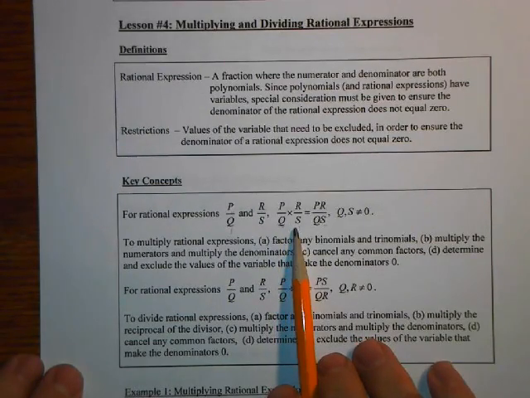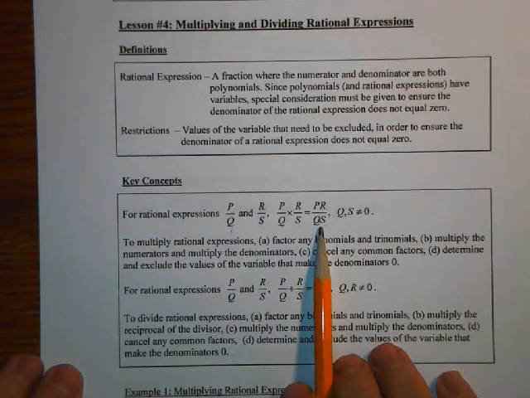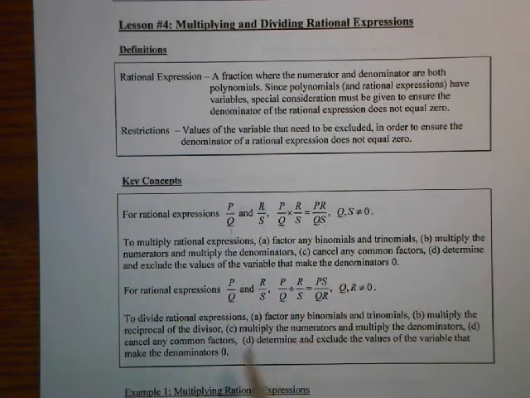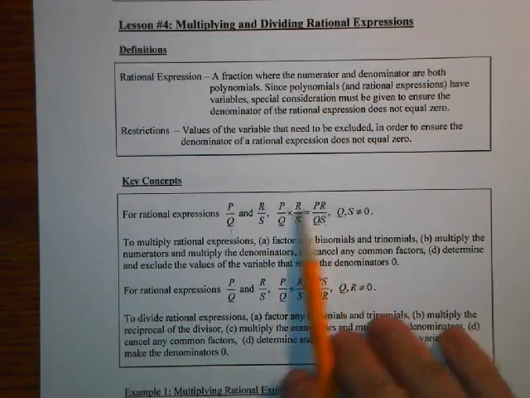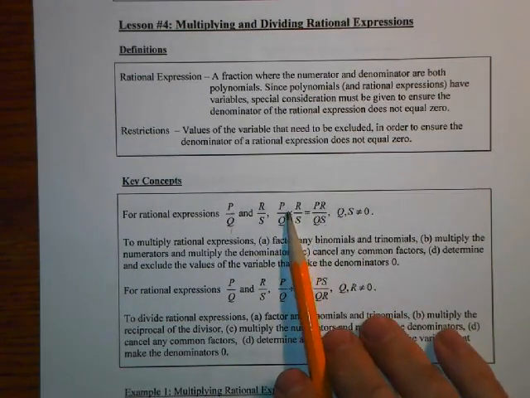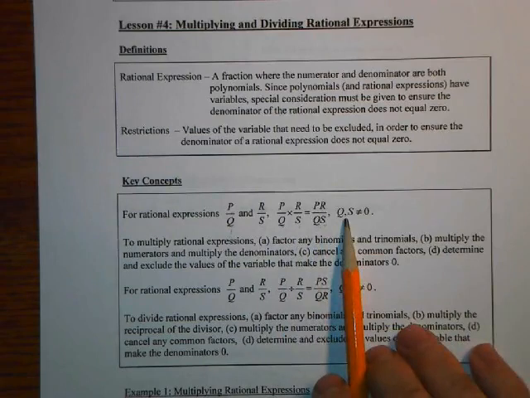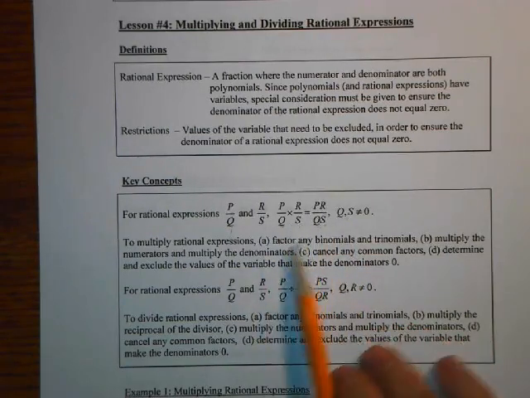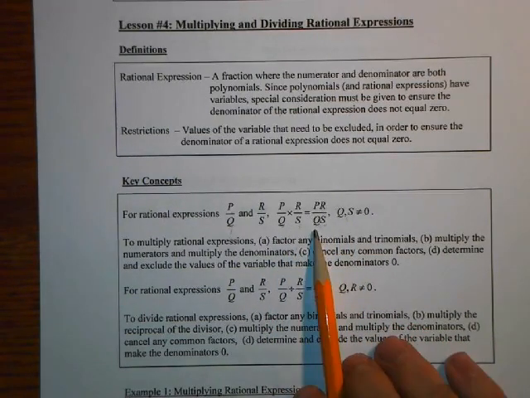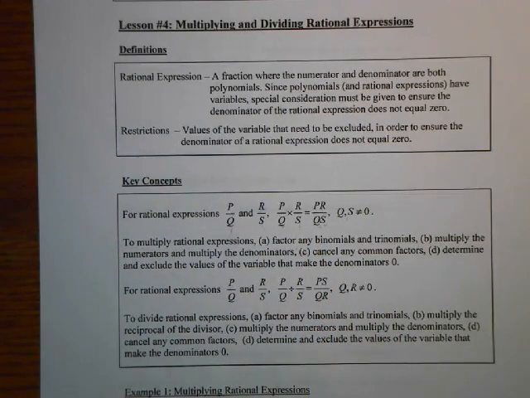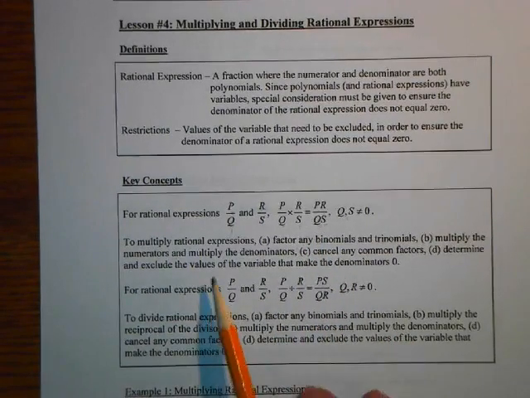So again, we have to watch out for that, something we didn't have to do with regular rational numbers. In this case, when we multiply across, P over Q times R over S is equal to PR over QS, and the restriction would be Q and S cannot be 0. Both of them can't be 0.